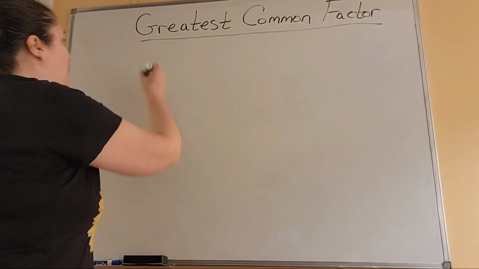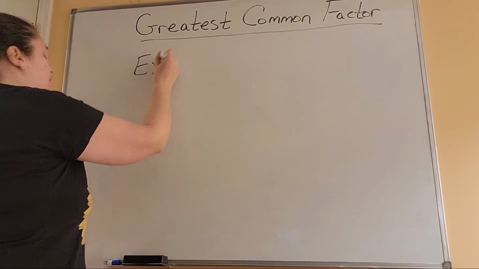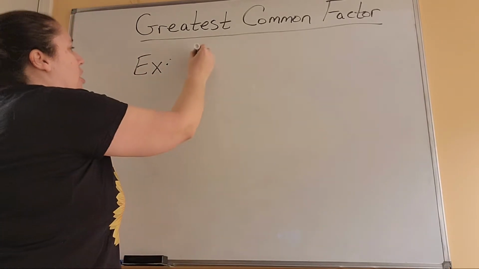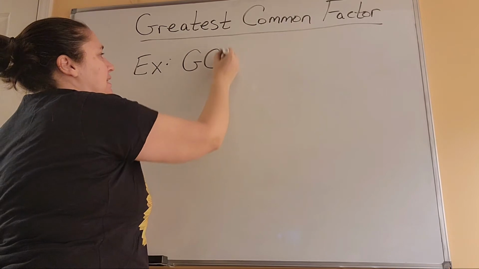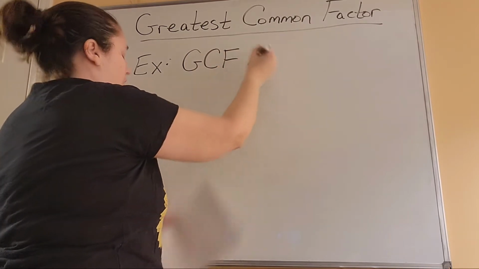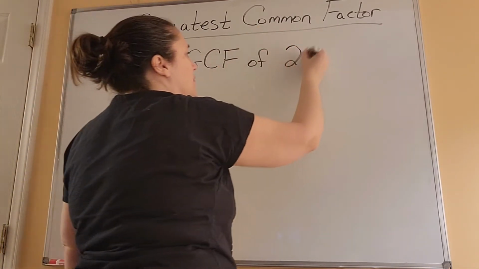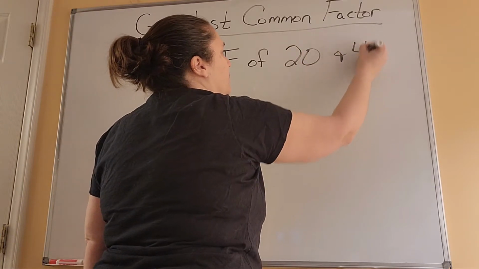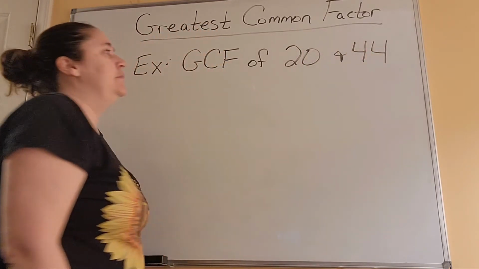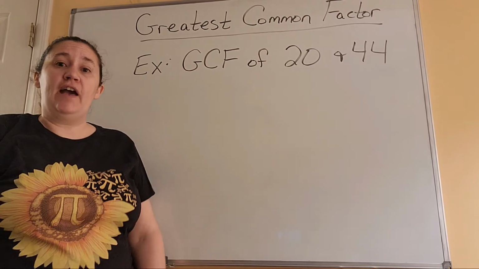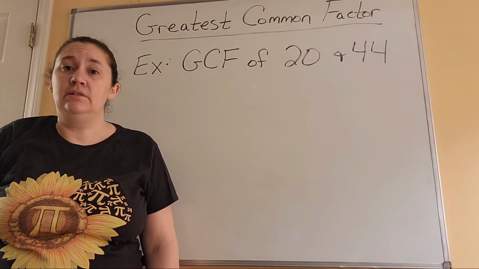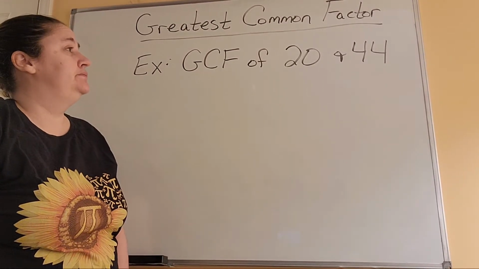Greatest common factor is when you find the biggest number that two numbers can be divided by. For example, if I asked you for the greatest common factor, the GCF of 20 and 44, I want the greatest common factor of 20 and 44.